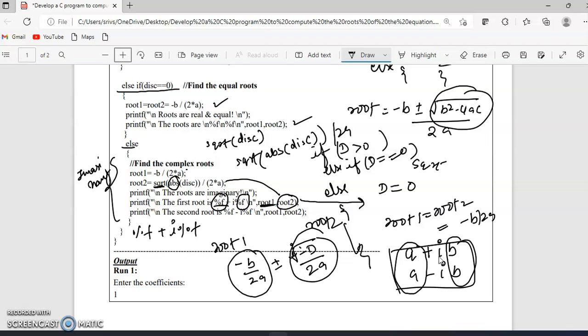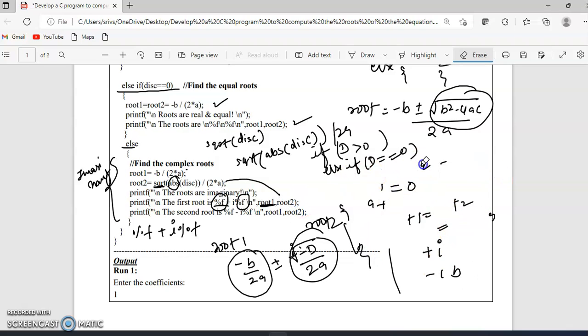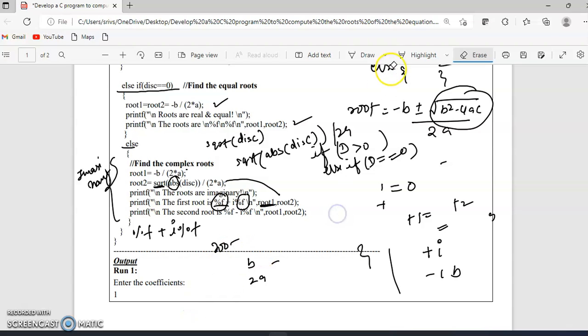This one is nothing but a plus ib, and the next one will be a minus ib. So here this one will be a plus ib, and this one is a minus ib.